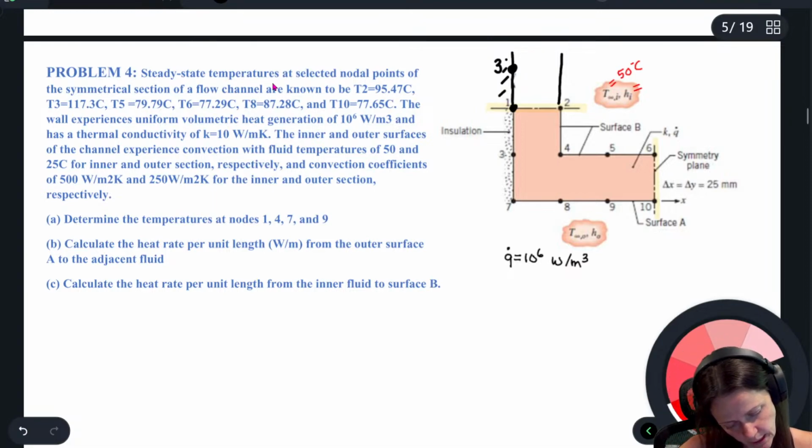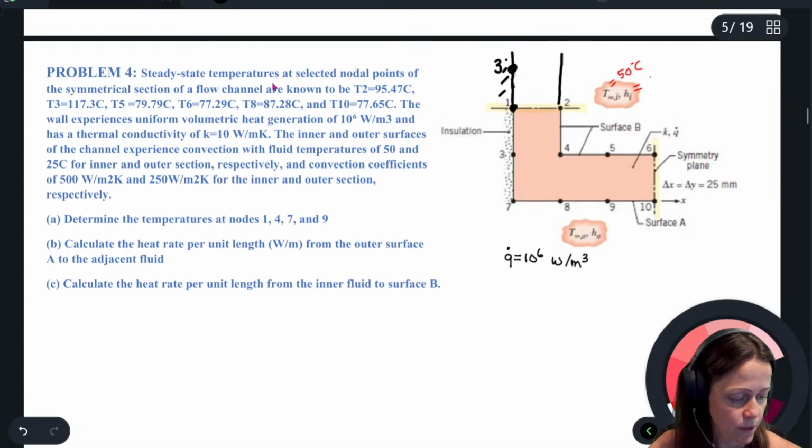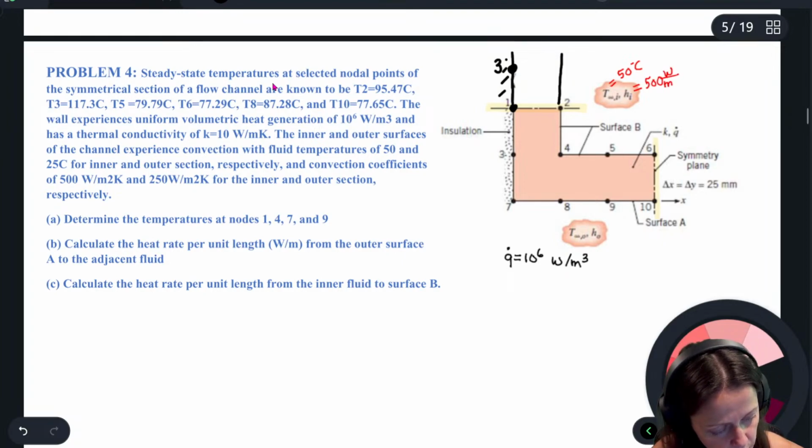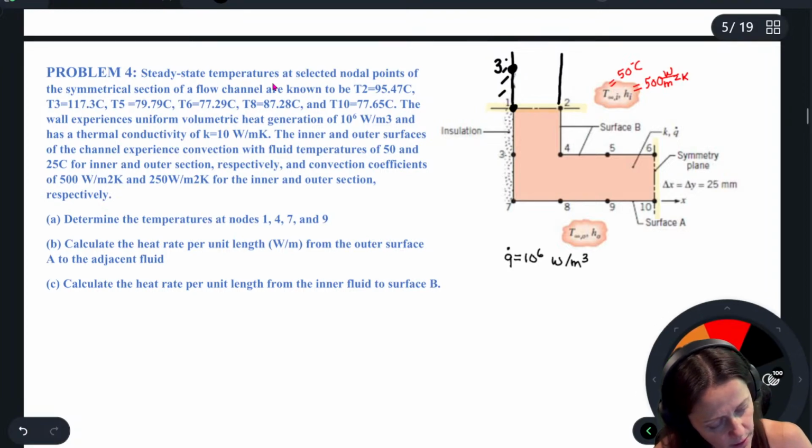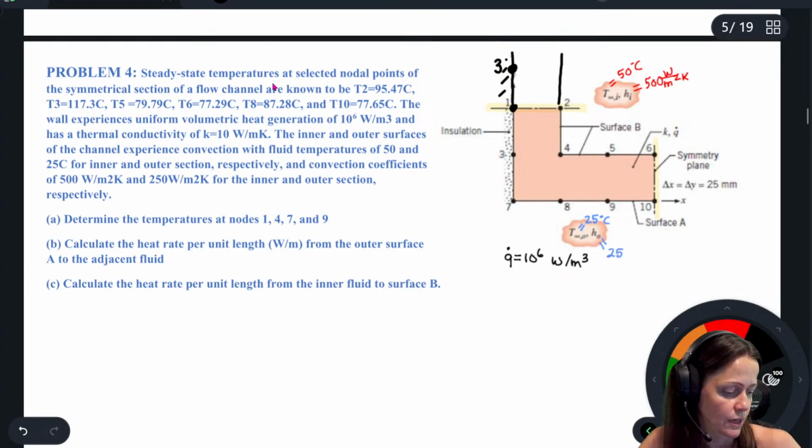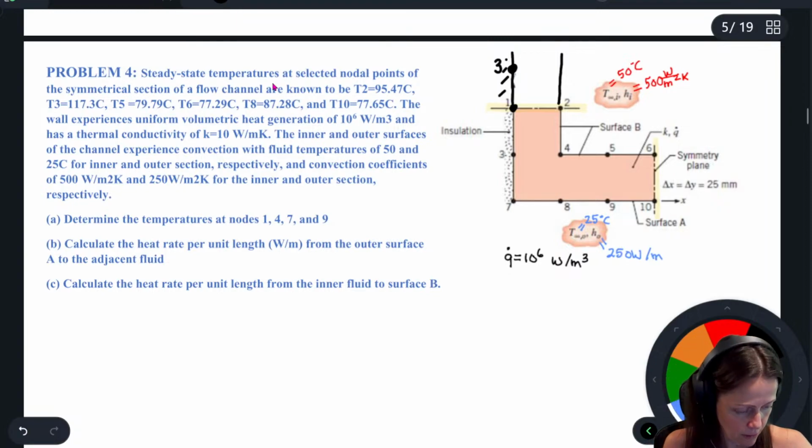This guy is 500 watts per meter squared Kelvin. And then on the bottom, this guy's 25 degrees Celsius, and we've got a heat transfer coefficient of 250 watts per meter squared Kelvin.